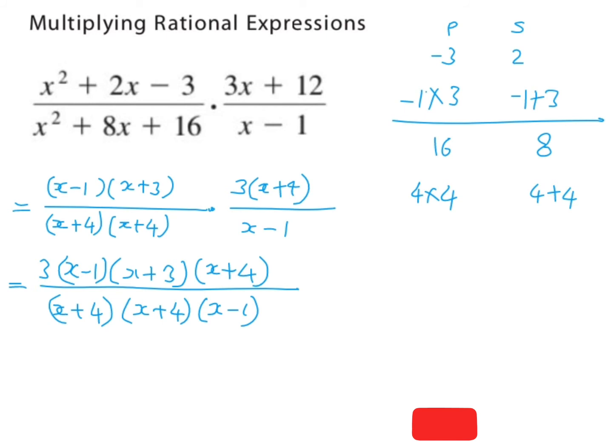Okay, so what is the common factor? x plus 4, x plus 4, and x minus 1 and x minus 1. So we can cancel these, and our final answer is 3 times x plus 3, sorry, x plus 3 upon x plus 4, and this is the answer.